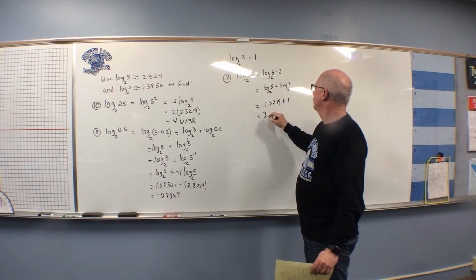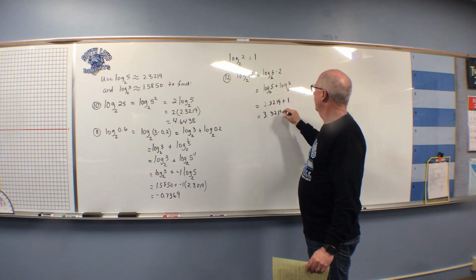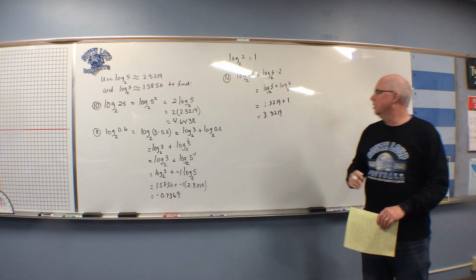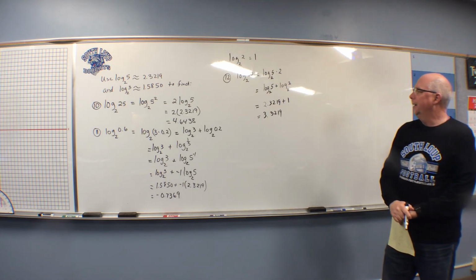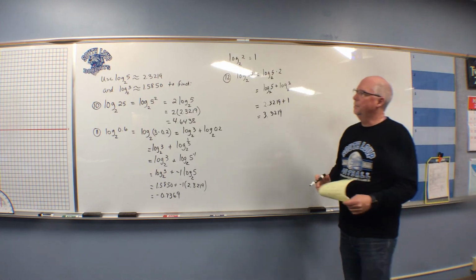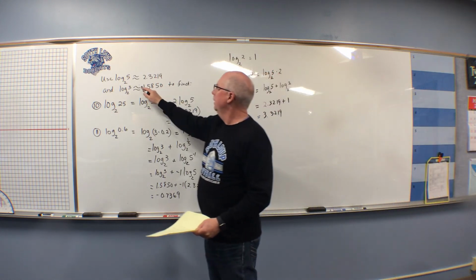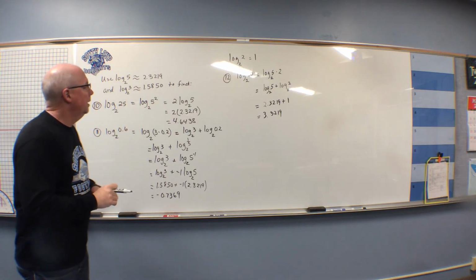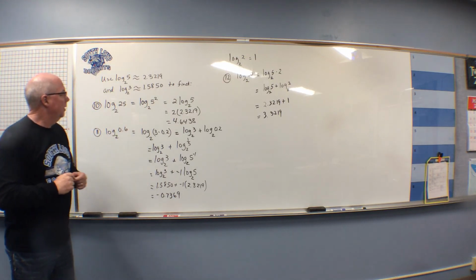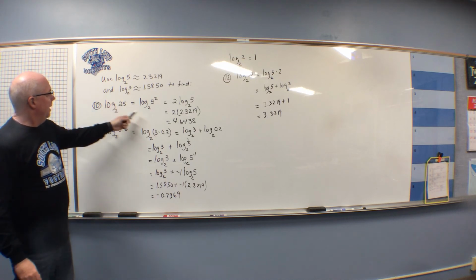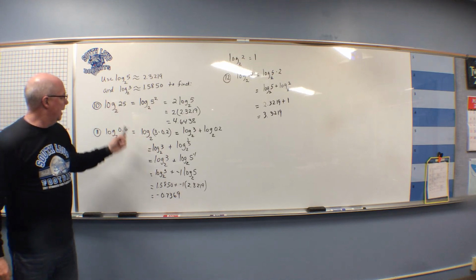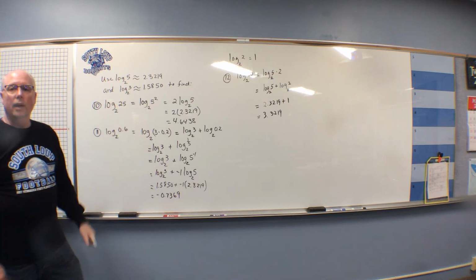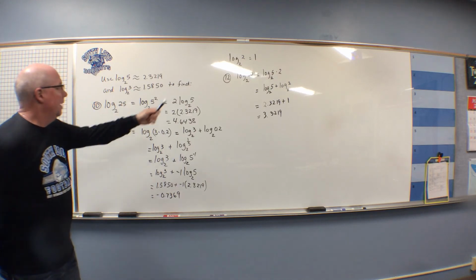So my value is 3.3219. Remember that all 3 of these are approximations. And we're just using the concept that was given. So anytime you're given the values of logarithms, you can use those to solve for other values by making combinations that add or that multiply or have a product of these values.